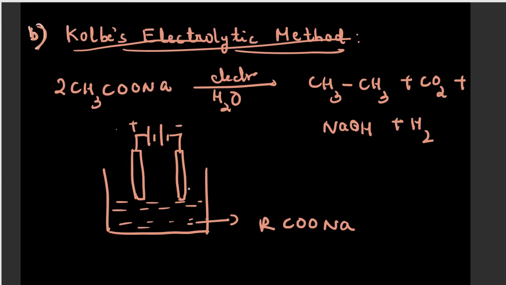So what happens when electricity is passed? This salt splits into ions, RCOO minus and Na plus.